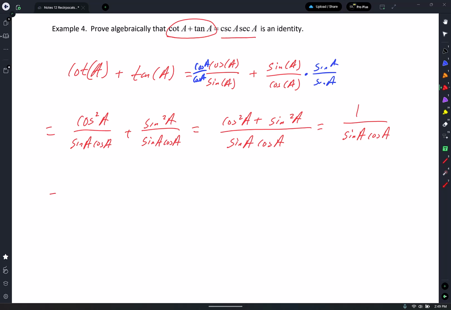All right, Chav, that's not cosecant A secant A. Yes, it is. Rewrite this 1 over sine A. Rewrite it like this. 1 over sine A times 1 over cosine A. See, that's 1 over sine A cosine A. So 1 over sine A, that's the same thing as cosecant A. And 1 over cosine A, that's the same thing as secant A. There it is.